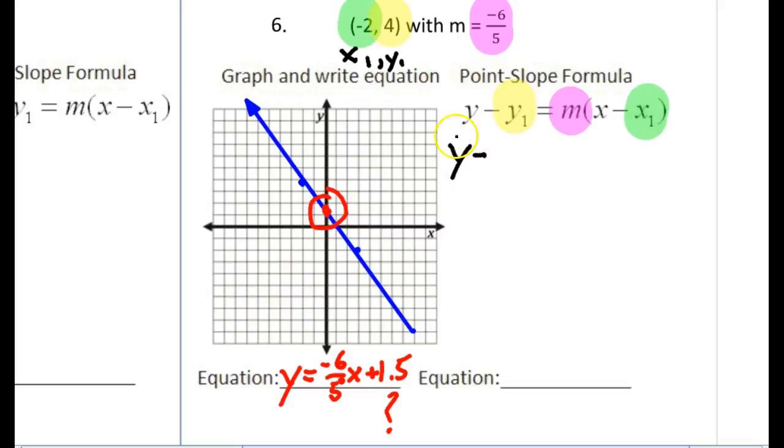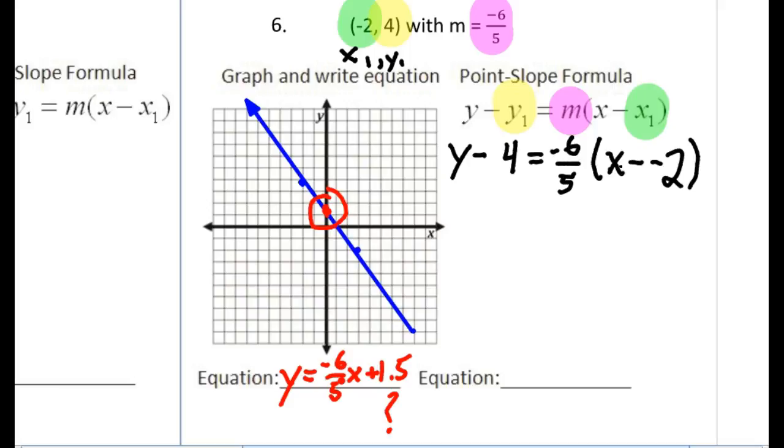So we have y minus y1, 4, equals the slope, -6/5, parentheses, x minus, and the x here is -2. So notice how it's minus -2.